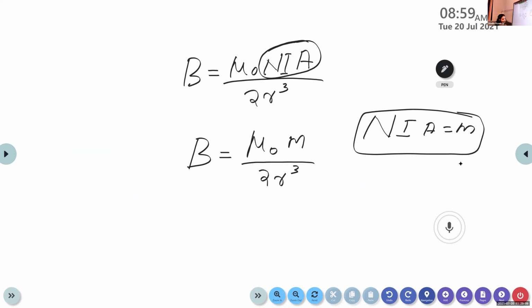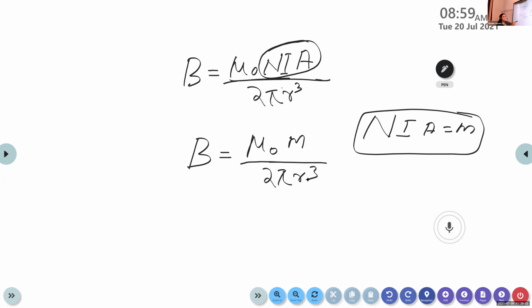Okay, denominator, sorry, 2 pi r cube, right? Thank you. Here I made some mistakes in order to check whether you are listening or not. So B is equal to mu 0 m divided by 2 pi r cube.